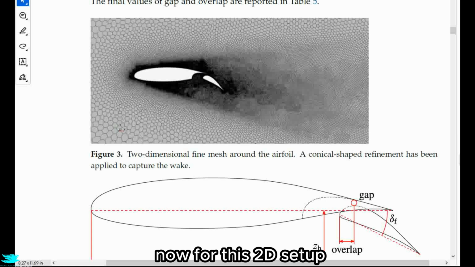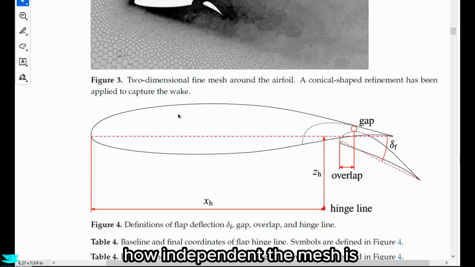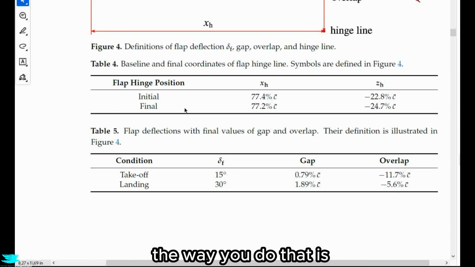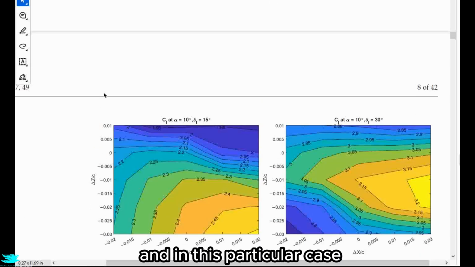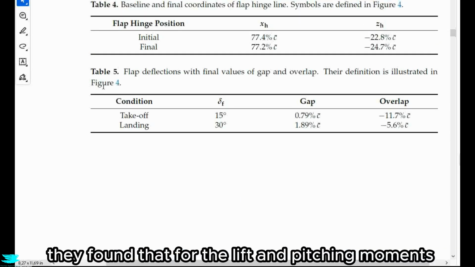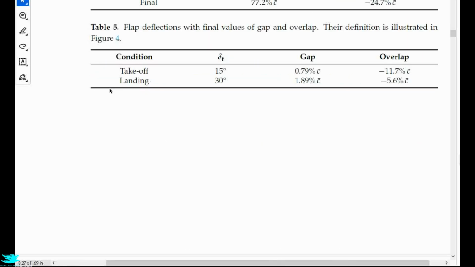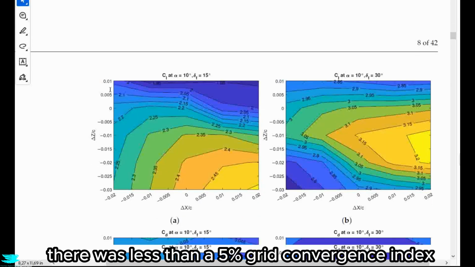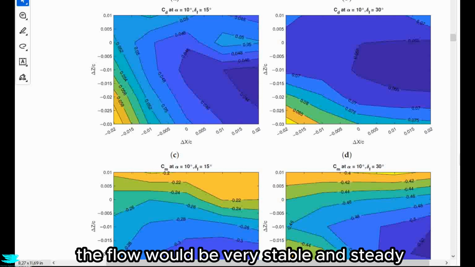Now for this 2D setup, they ran a grid convergence index, which is a way of indicating how independent the mesh is. The way you do that is you need to run 3 different mesh finenesses, and then you can calculate how much each parameter that you're interested in changes. And in this particular case, for their grid of 323,000 cells, they found that for the lift and pitching moments during stall, by the way, there was less than a 5% grid convergence index, which is actually really impressive because if this was at a 2-degree angle of attack, the flow would be very stable and steady.